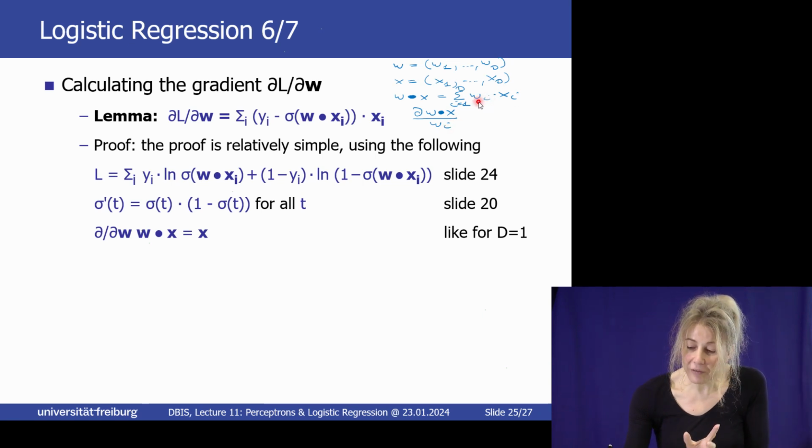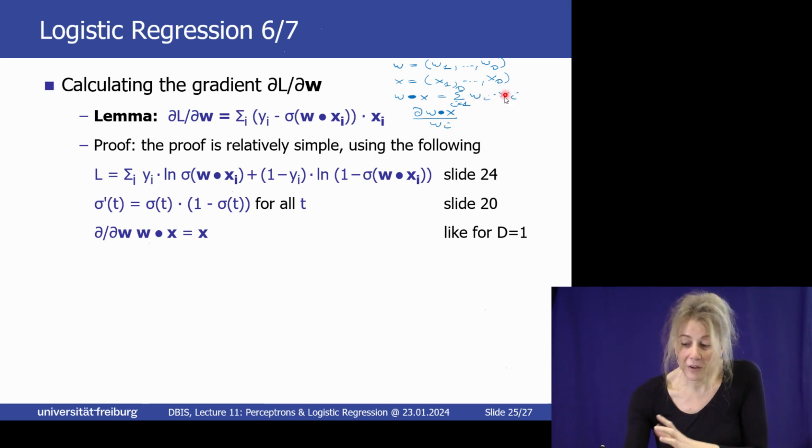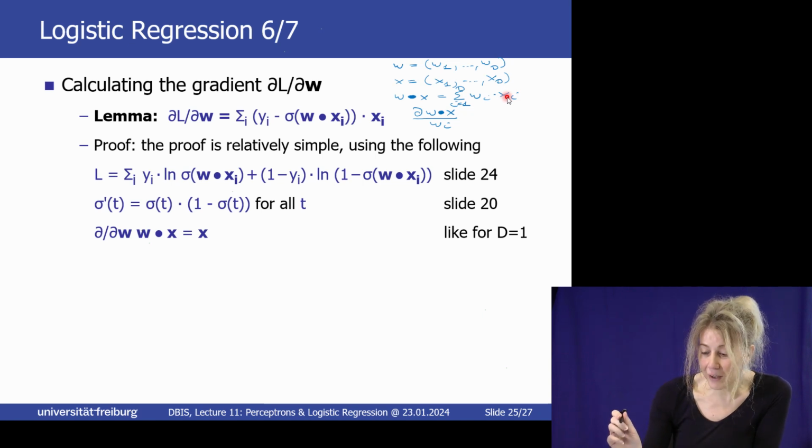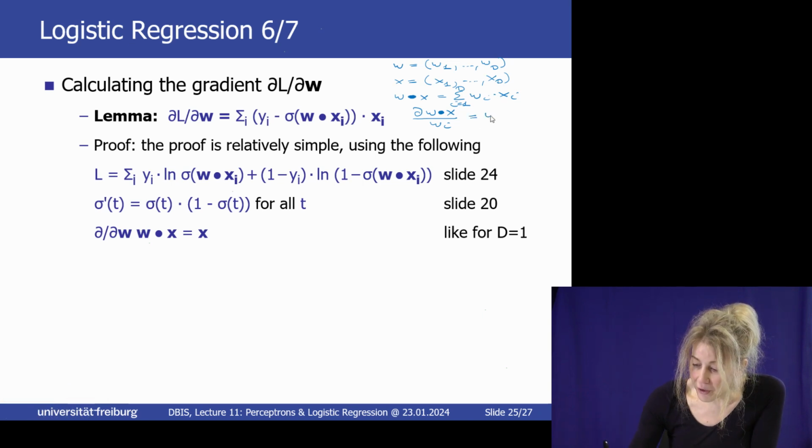And what happens if I have W5 times, and the xi is also not a variable. So yeah, it's just xi. If you derive 5x by x, you get 5. You get the factor. So this is just xi.